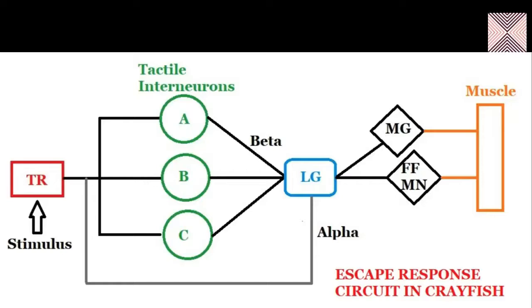So ultimately the muscles will contract to their full in very less response time to take away the crayfish from that particular place, and it will flee away and go out of the reach of that particular predator. So that was the tactile escape response circuit for the crayfish, and that is altogether controlled by the giant fiber system. So students, that was all about the crayfish.